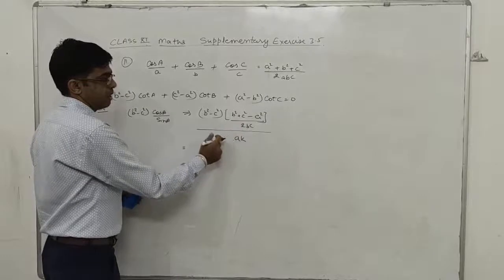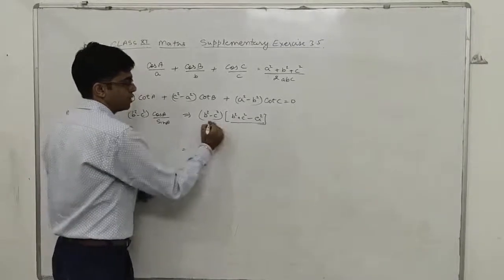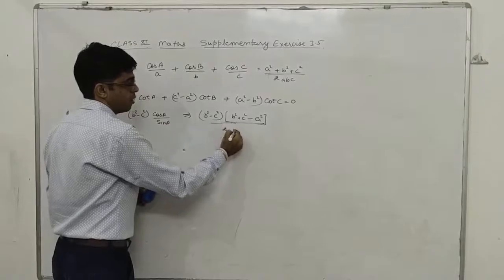Now solve this. This will be multiplied with this, so we can write 2bc times sine a as 2abck.